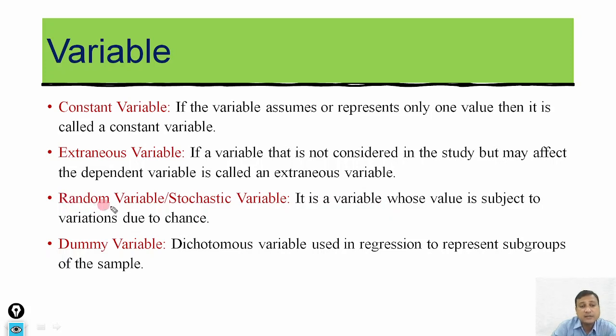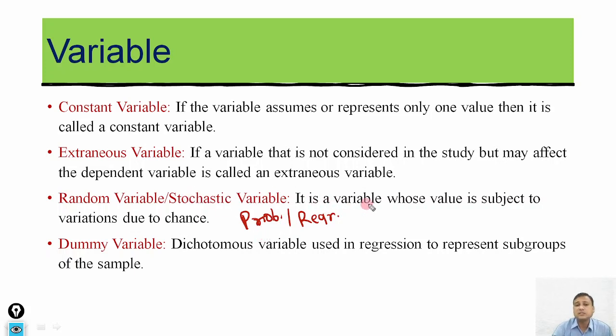Then the next is the random variable, or stochastic variable. These two terms we use in probability, and even in regression analysis. They are different statistical tools or techniques. Whenever we go to the respective lectures, we'll again revise this part.